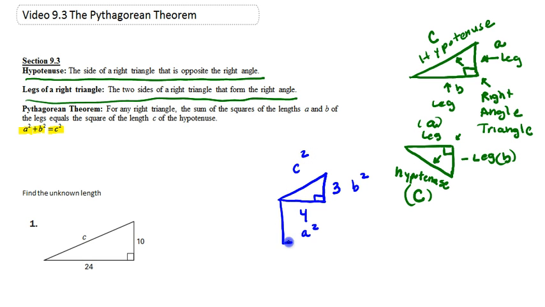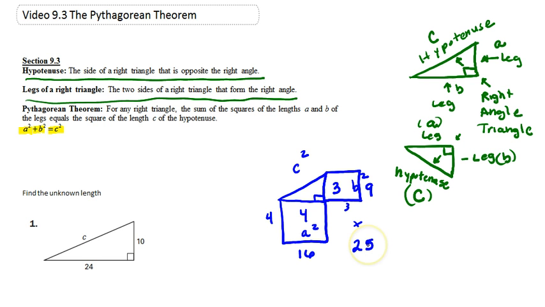So if I make a square with a side length of 4, I would get an area of 16. For this leg, if I make a square with a side length of 3, it would have an area of 9, or 3 times 3. Now if I add these two together, so that's my a squared plus b squared, I would get 25.